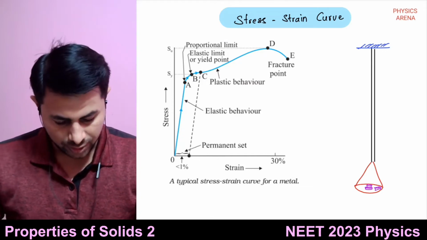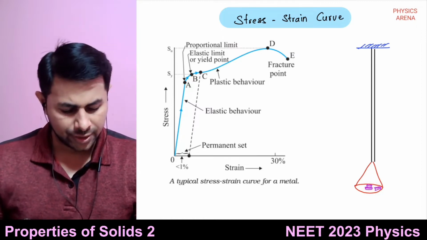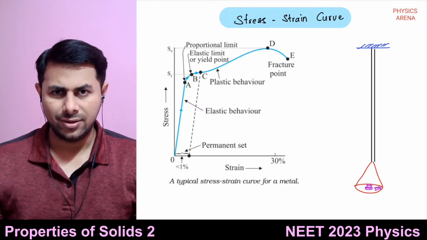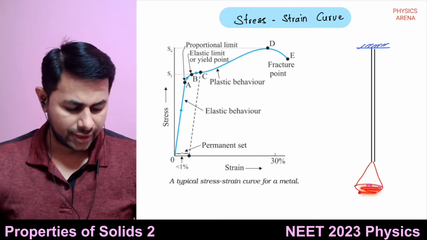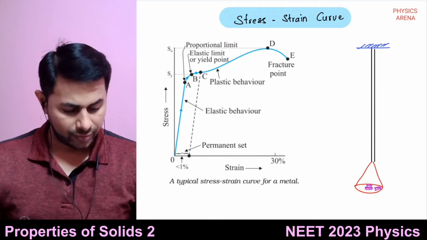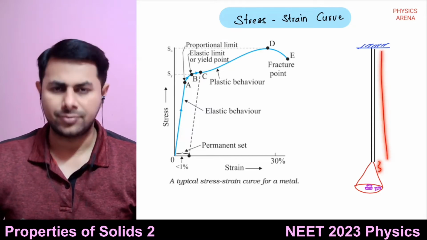Now, while we add these weights, some internal restoring stress is generated. That stress will be equal to this externally applied stress only, and there will be some elongation in this wire.